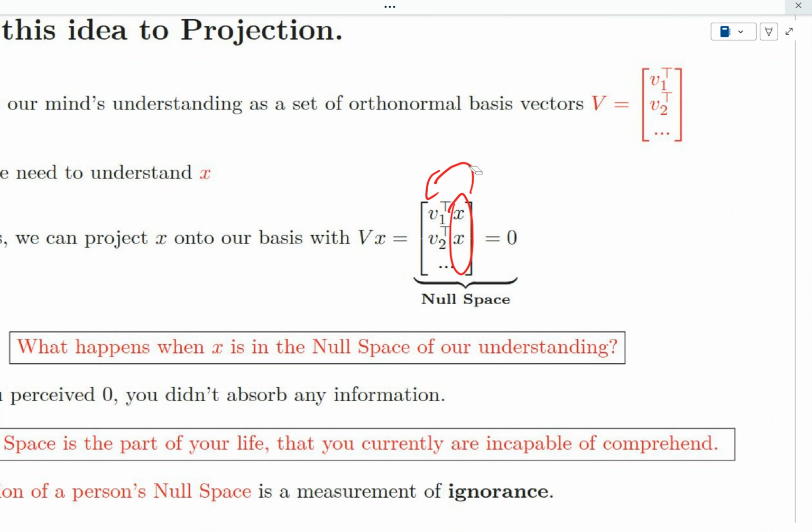And therefore the set of possible input x can be viewed as the set of possible information that could be presented to you. And when it's presented to you, you receive nothing. And therefore x must be something really difficult or impossible for you to understand, right? So the null space in this particular case is the space of concepts you cannot comprehend.